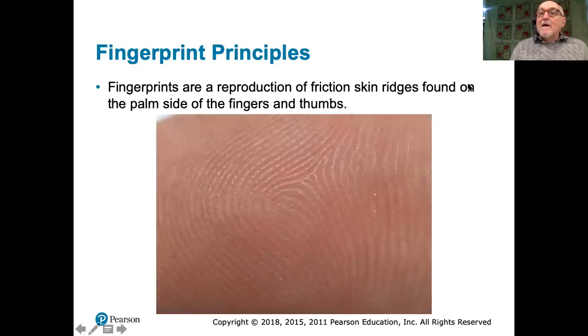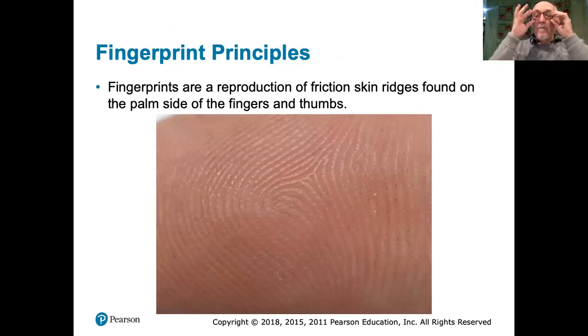Okay, so just take a minute and have a look at your own fingertips, at the ends of your fingers. And if you're in a good light, you should be able to see that there are distinct ridges which form a pattern on the surface of the fingers. Okay, you have similar patterns on the palms of your hands.